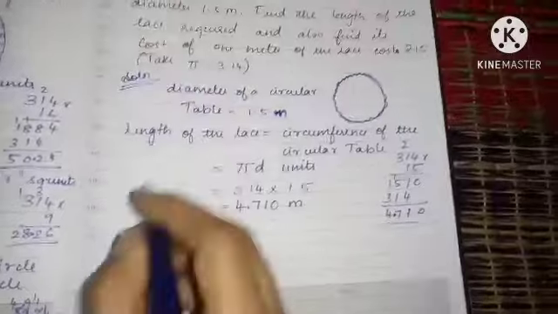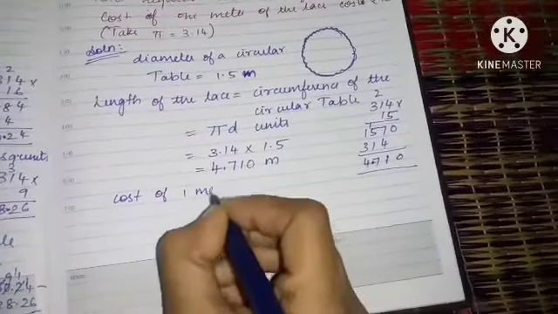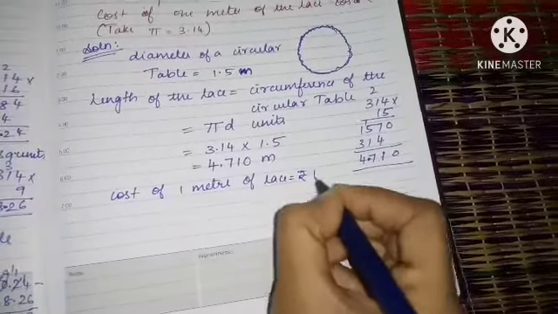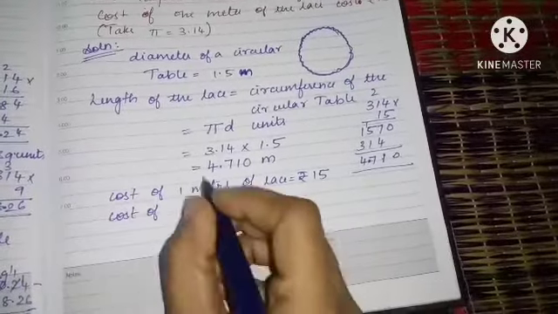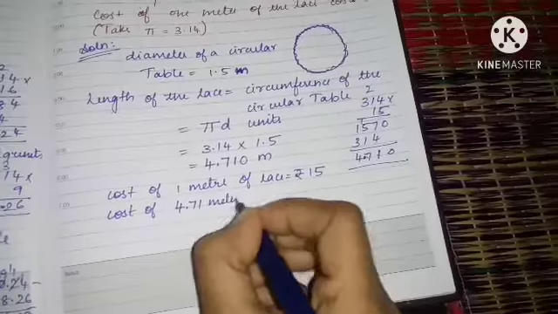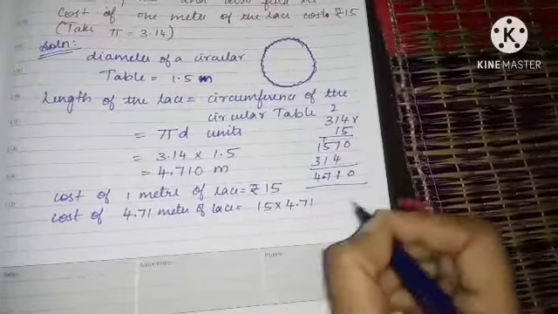Now the cost. Cost of 1 meter of lace is rupees 15. So what is the cost of 4.71 meter of lace? 15 into 4.71.